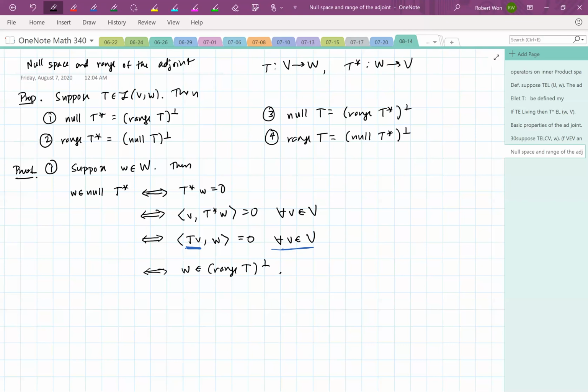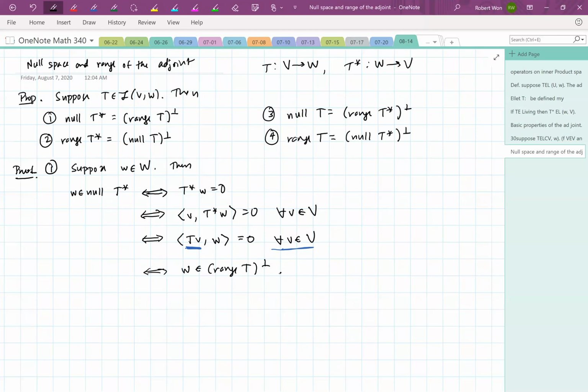And actually, every single one of these is an if and only if. Let's trace it backwards. So if you have something that's in the orthogonal complement of the range, it means that it's orthogonal to everything in the range. In other words, the inner product with everything in the range is 0. In other words, the inner product with Tv is 0 for all v in V. So that gets you back one step. Then, of course, you go back another step just by using the property of the adjoint.